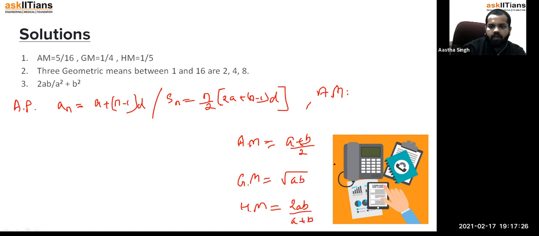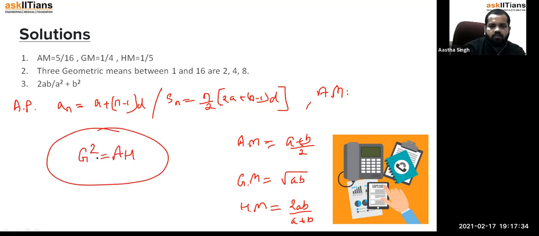We are talking about a and b, two numbers, right? And the relationship between all these is G square is equal to AH, right? Now also remember the inequality that AM is greater than or equal to GM is greater than or equal to HM, right?